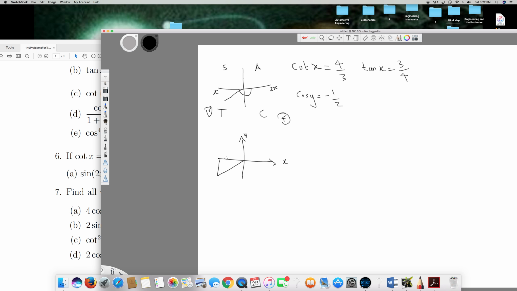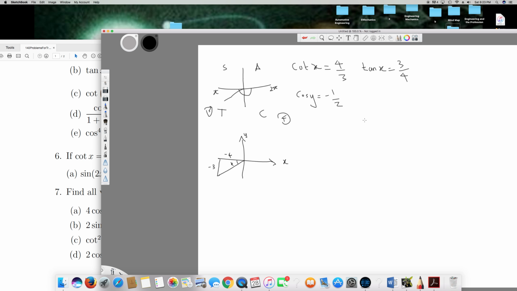So opposite side, as we know, is the y-axis, because this angle is x, so the opposite of this angle is the y-axis, right? So therefore opposite is going to be negative 3, and adjacent is going to be negative 4. So from these two pieces of information, what can we find? We can find the hypotenuse, right?